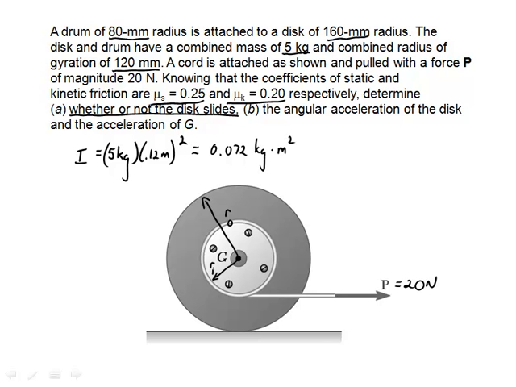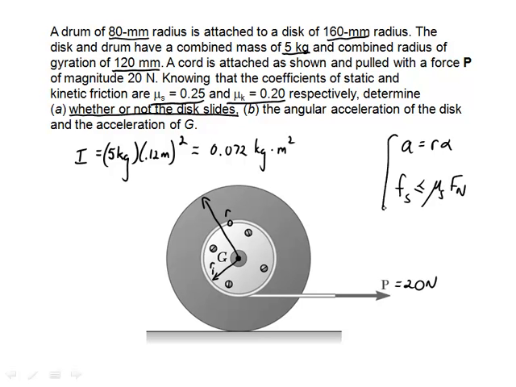If the disk is not sliding, if it's rolling without slipping, then the acceleration is equal to r alpha. But if there's sliding taking place, then this is not equal to r alpha. If it's rolling without slipping, then A is equal to r alpha, but the frictional force is static, so I don't really know what it is, because remember the static frictional force is less than or equal to mu static times the normal force.